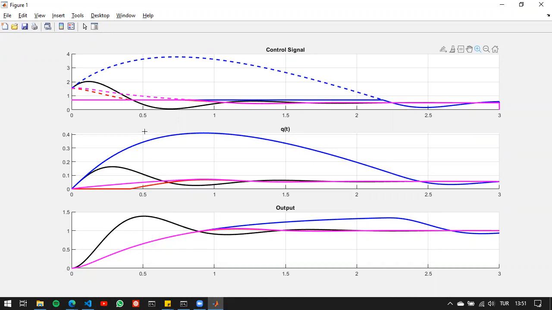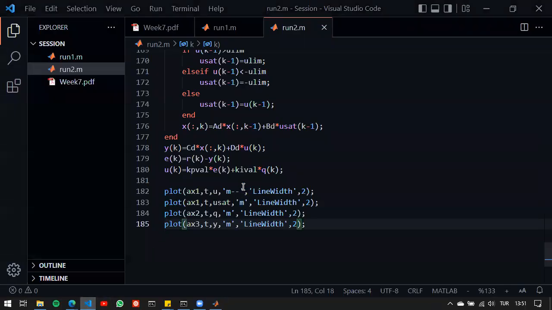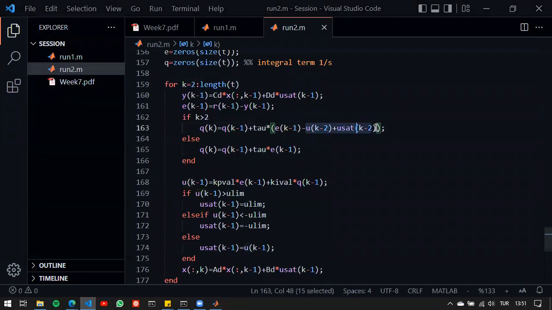So therefore, there's a bit difference. But you can tune this parameter because this is kind of a feedback loop on its own. Therefore, you can assign a certain gain to this, but I'm not going to bother with that.